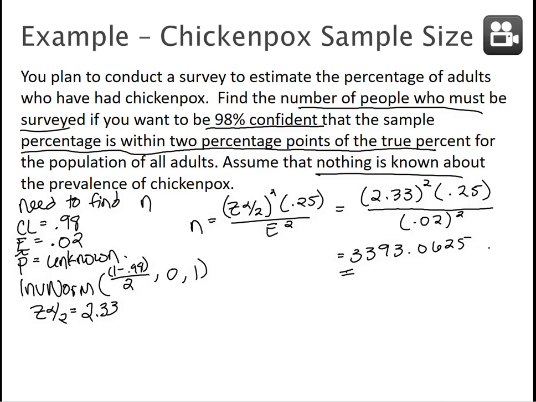Now, no matter what that decimal is, I am going to round up to the nearest integer. In this case, I would normally just drop the decimals if I were rounding this to the nearest integer. But with sample sizes, I always need to round up. So I'm going to round up, even though that decimal is only 0.0625, to 3,394 as my final answer. Because again, you always want to err on the side of having more people in your sample size. All right, and so then you're good to go.